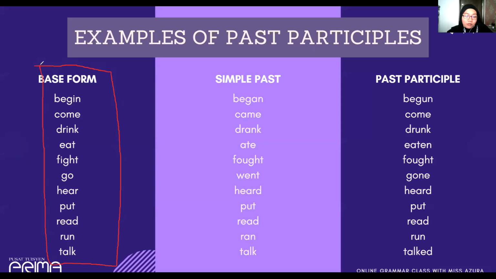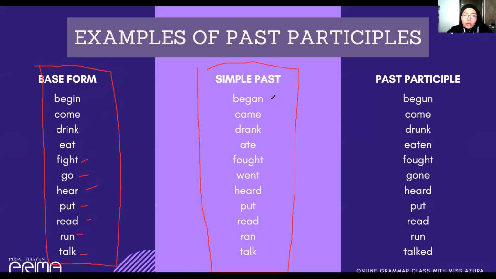We have here the base form, like the words begin, come, drink, eat, fight, go, hear, put, read, run, talk. These are the base verb forms, okay? Kata kerja yang asal, kata akar bagi kata kerja.